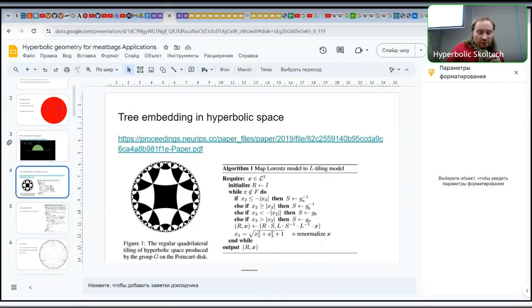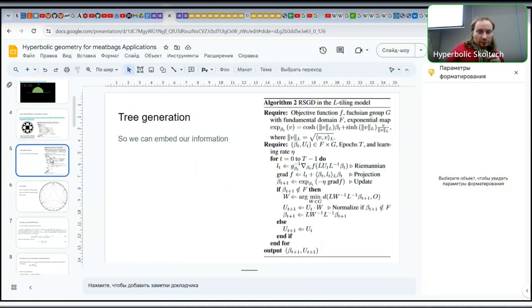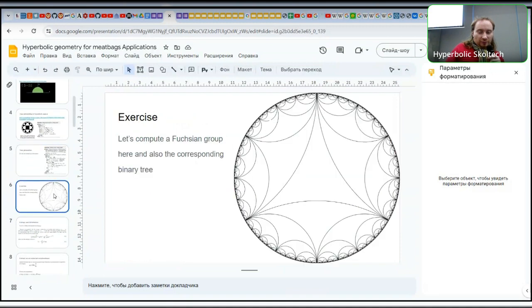I want to explain it to you in detail, so look in the article for how to do this, but let's solve a simple exercise, maybe not so simple, so we will know what is happening in this algorithm.